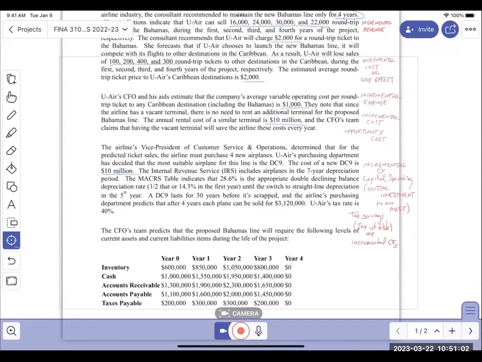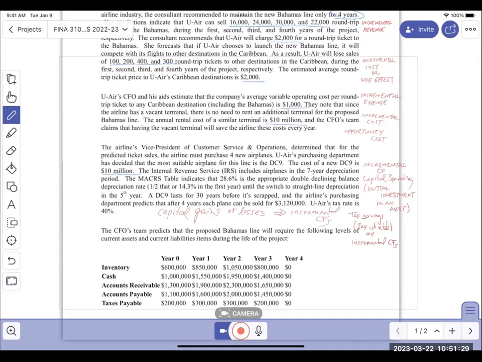Now, we have an asset and we're selling an asset. As a result, there may be capital gains if we sell it for more than the book value, or capital losses. These will be incremental cash flows as well.